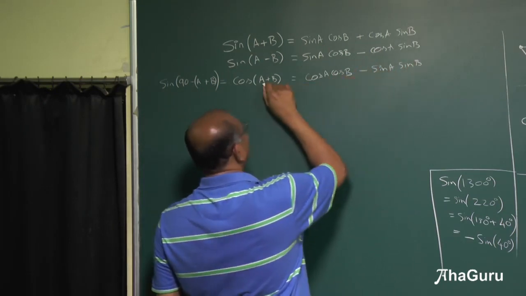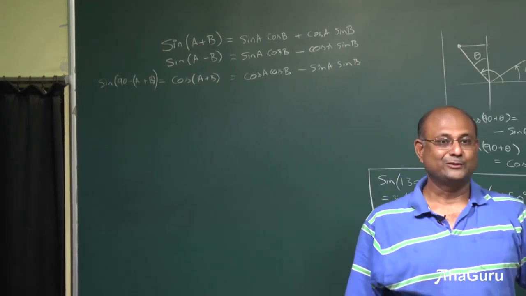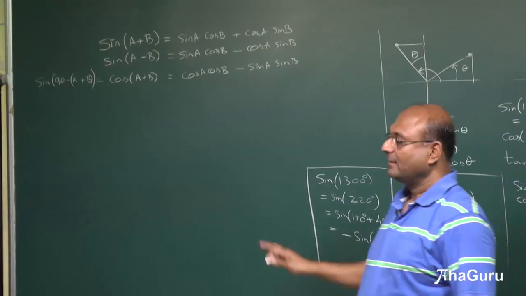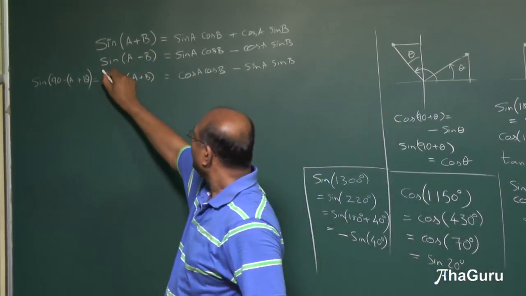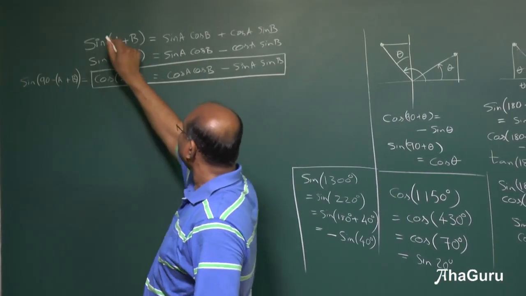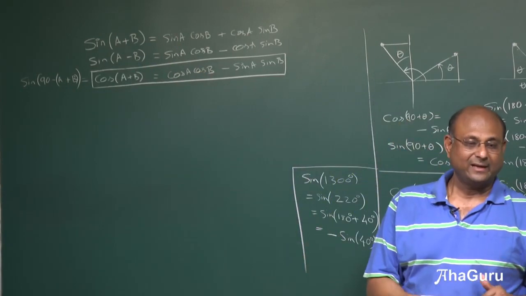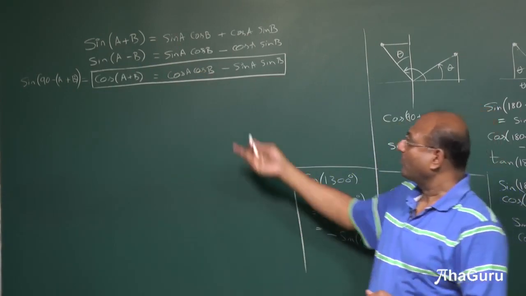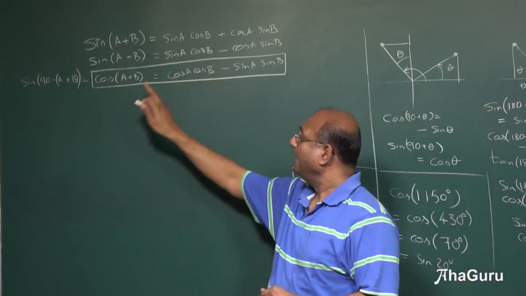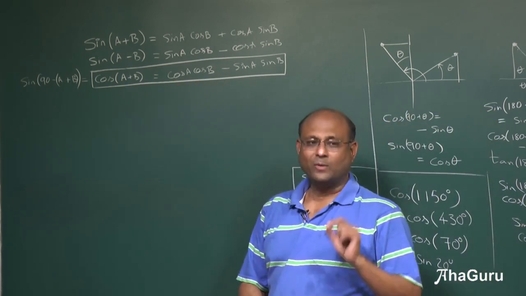Weird that this plus formula has a minus. But it has. So it's good to just observe, remember, note it down. That cos of a plus b has a minus sign. For the sine formula, a plus b has the plus, a minus b has the minus. For the cos formula, a plus b has the minus and a minus b has the plus. Why?